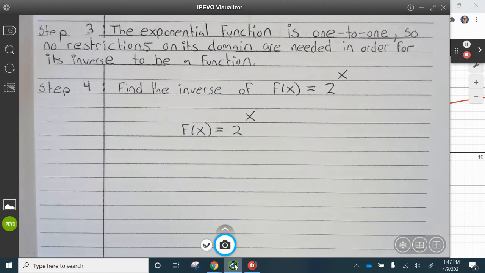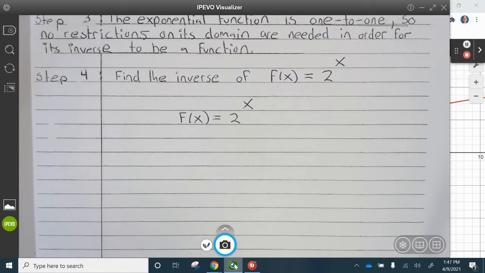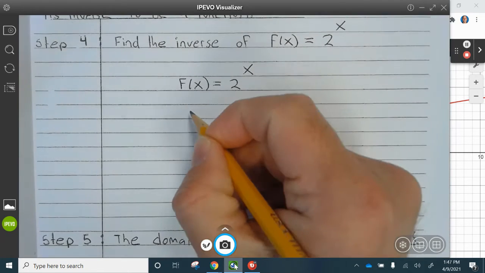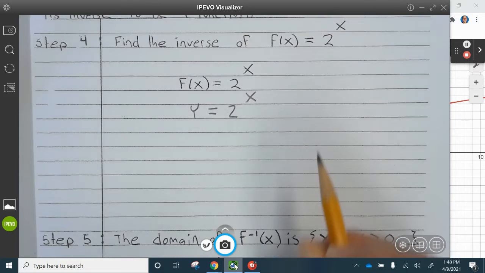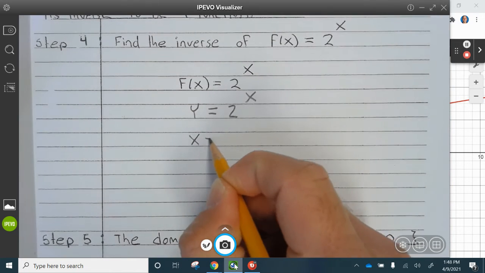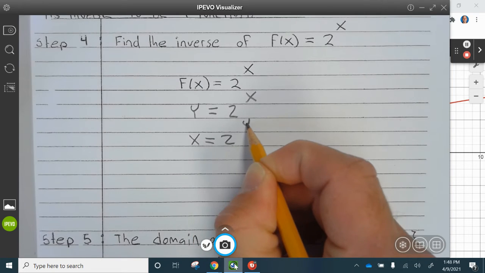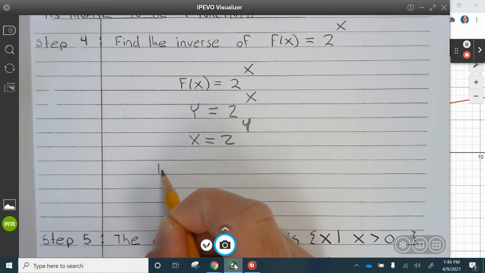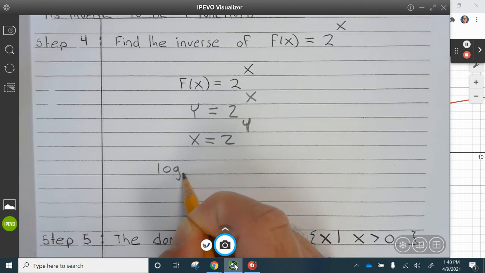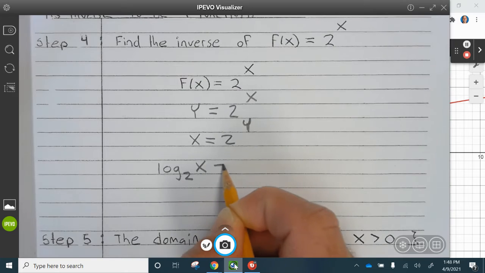Step 4. Find the inverse of f of x equals 2 to the x. Okay, the first step is to change f of x to y, and then you're going to switch x and y. So x equals 2 to the y. Okay, now we need to take log base 2 of both sides.